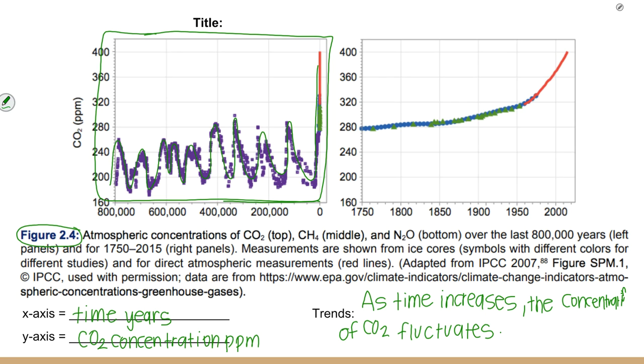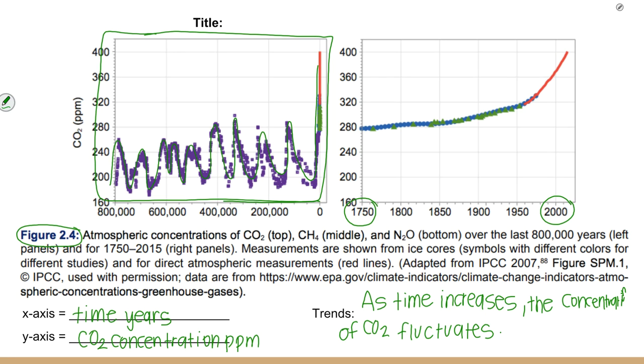Now we can also talk about the second graph. So the second graph is looking at 1750 to about 2010 or maybe 2015 here. So our second trend, we can see that this, when we zoom in on this part of our graph, is very different.